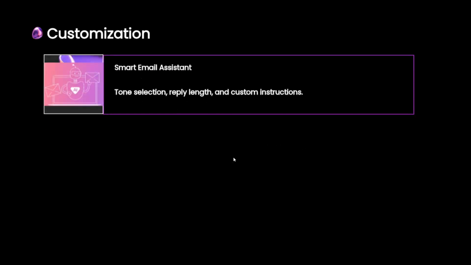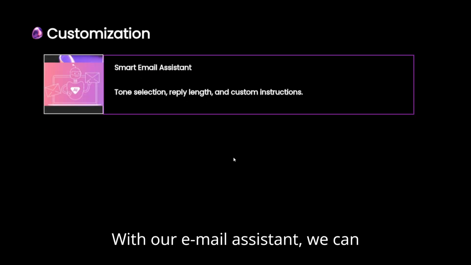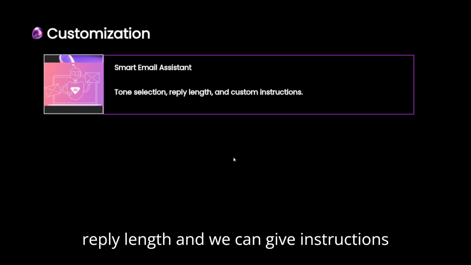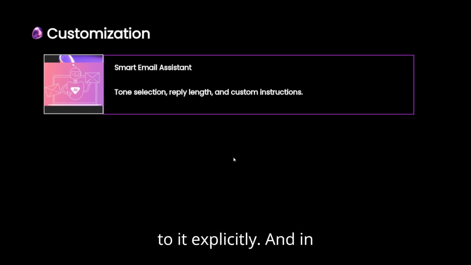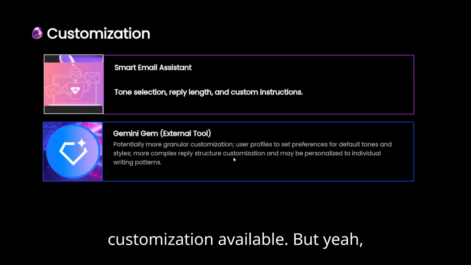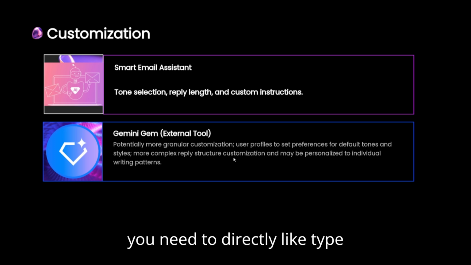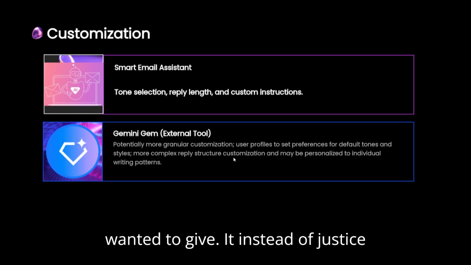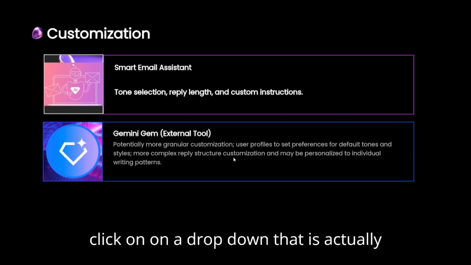So if we talk about customization, with our email assistant, we can customize the tone, we can customize the reply length, and we can give instructions to it explicitly. In case of Gemini, there is high customization available, but you need to directly type in whatever instruction you want to give it, instead of just clicking on a drop down.